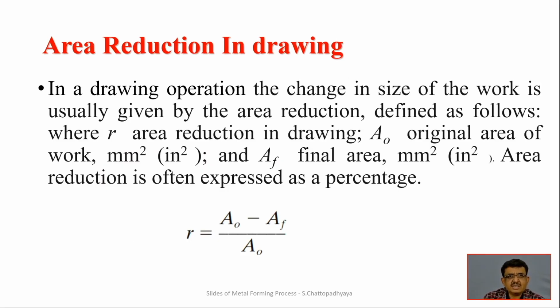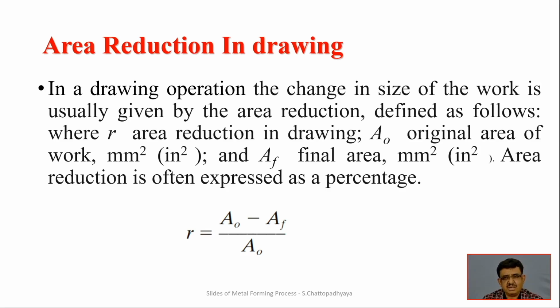First, area reduction in the drawing. In this drawing operation, the area of the cross section is reduced. A0 is the initial cross section, Af is the final cross section, and the reduction ratio is determined as A0 minus Af divided by A0. In a drawing operation, the change in size of the work is usually given by the area reduction, which is typical of the wire drawing operation.